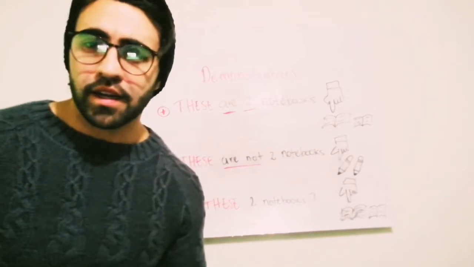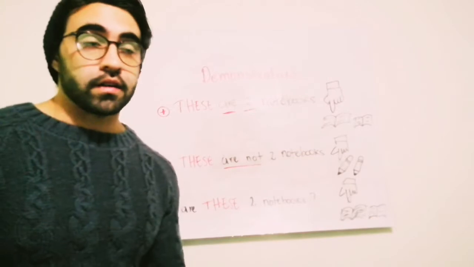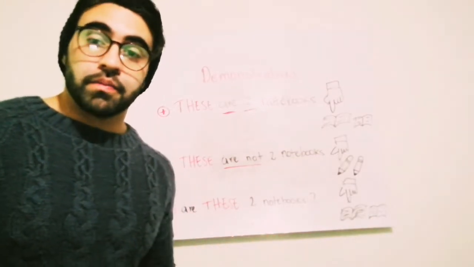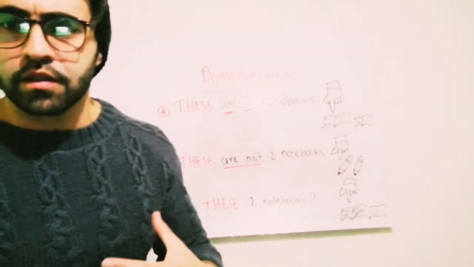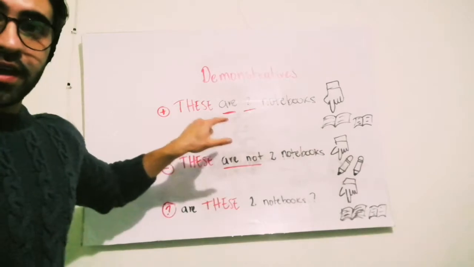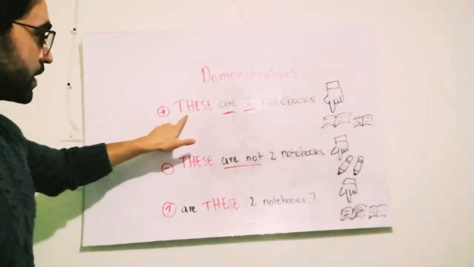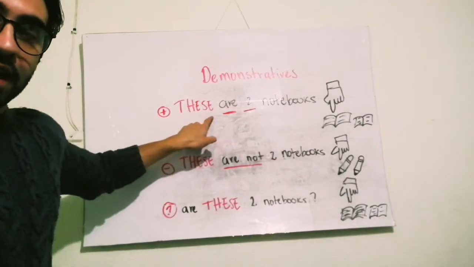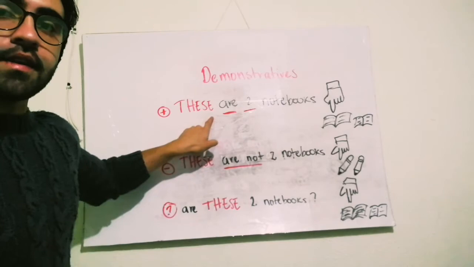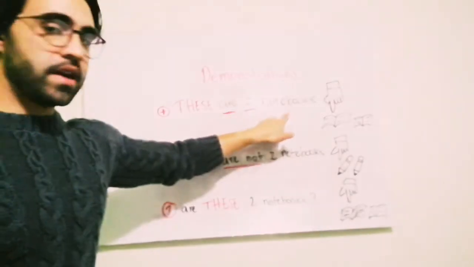It's not necessarily only objects, but you can also talk about a person, a place, an object, an animal, etc. Now here we have the plural form of the short distance. So I say these. Previous example, this. This example is these. These are two notebooks.